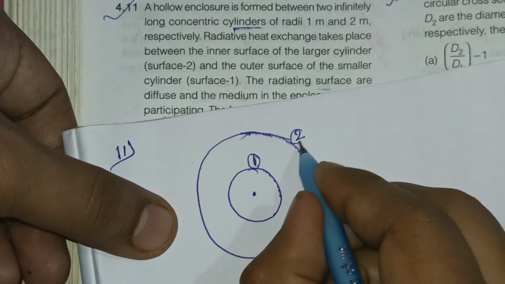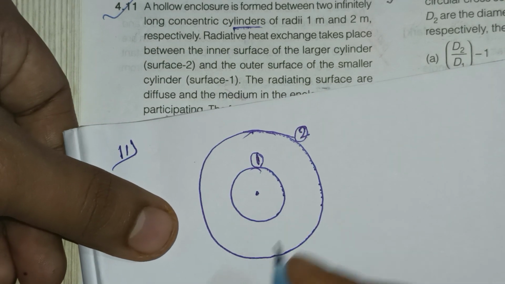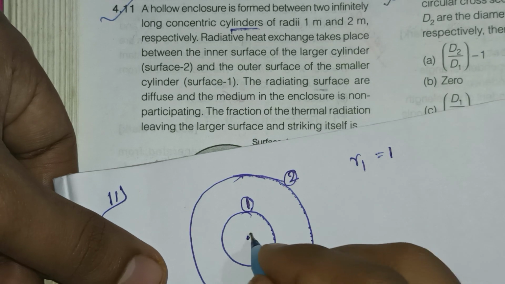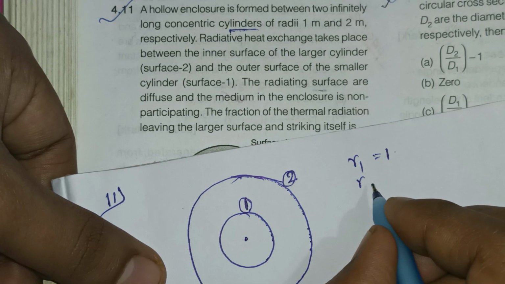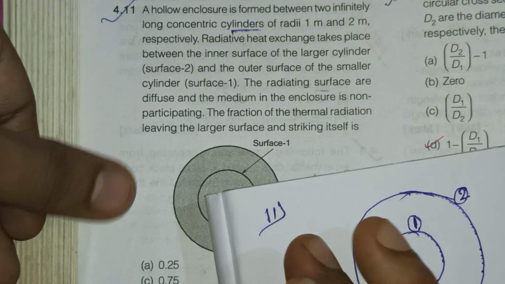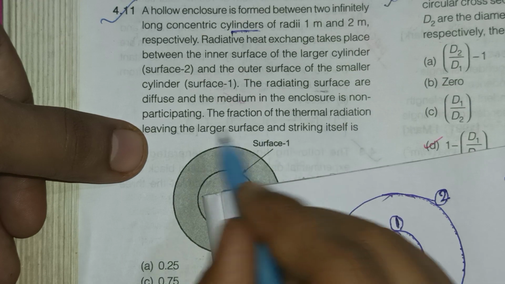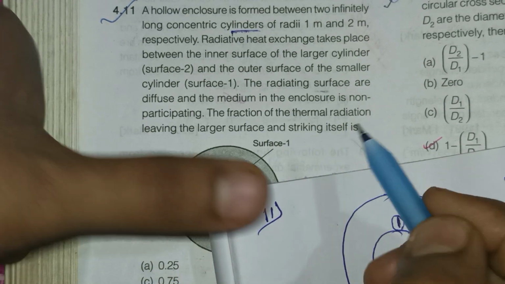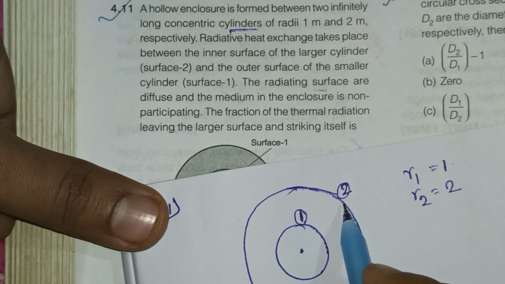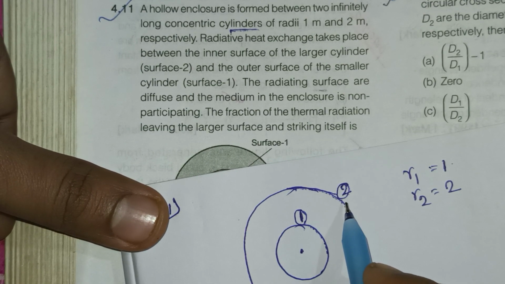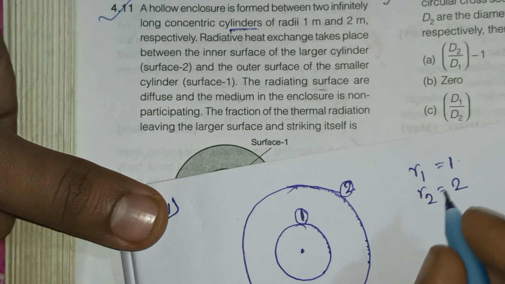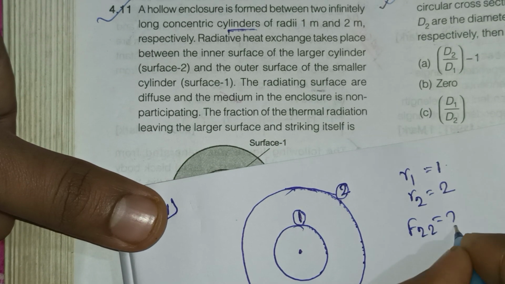The radius of the small cylinder is equal to 1, and the radius of the large cylinder is equal to 2. So you have to find out the fraction of thermal radiation leaving the large cylinder and striking itself. That is the fraction of thermal energy from 2 to itself, that means F22. You have to find out the value of F22.